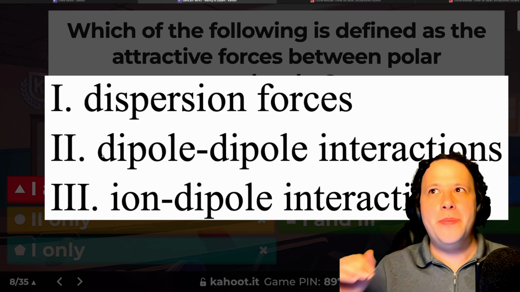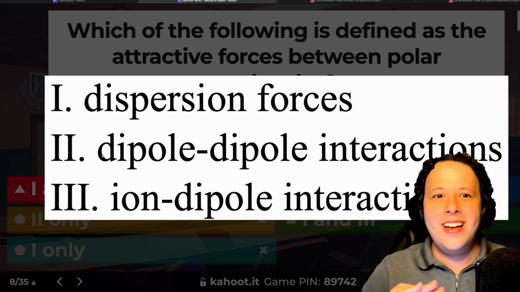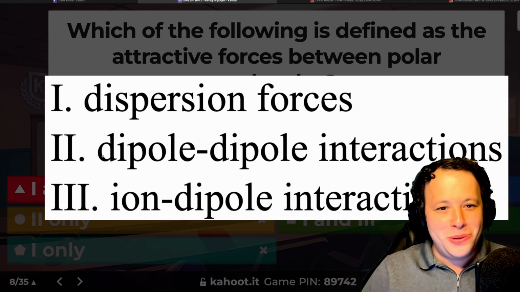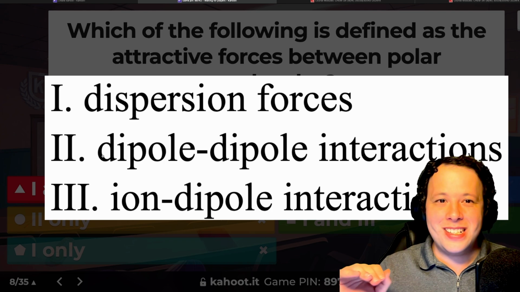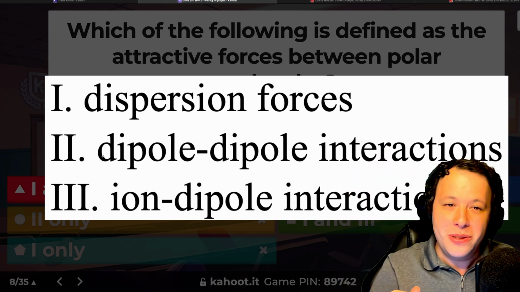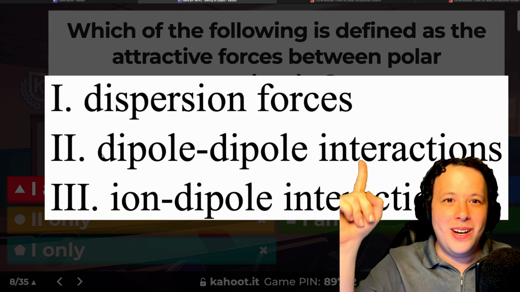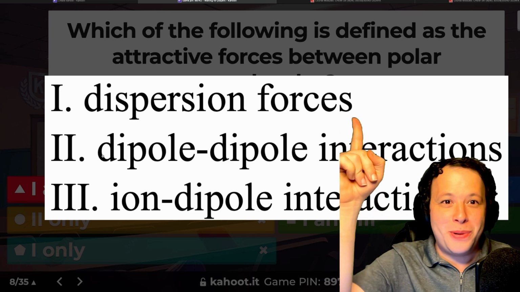But you have to remember that every molecule does dispersion. Every single one of them. So if you had to list all the forces the molecule can do, its strongest is dipole-dipole. However, it can also do dispersion as well.